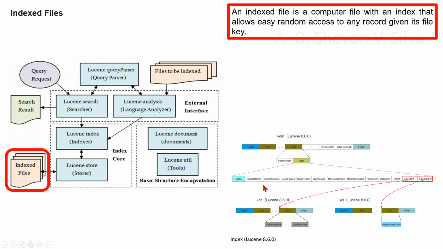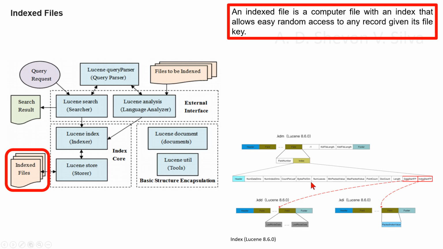Here num data dims describes how many dimensions we are storing at the leaf data nodes. Here the num index dims describes how many dimensions we are indexing in the internal nodes. Count per leaf describes the maximum number of points in each leaf node.